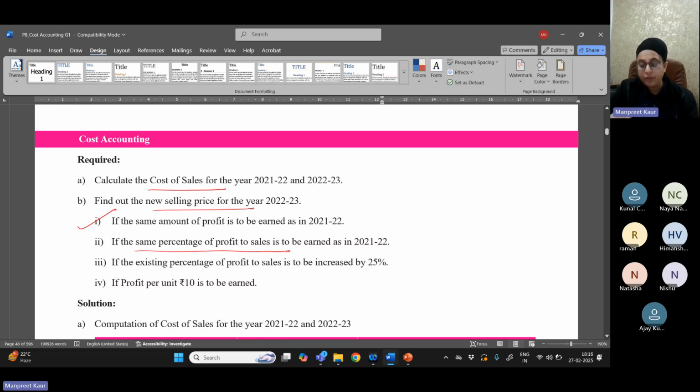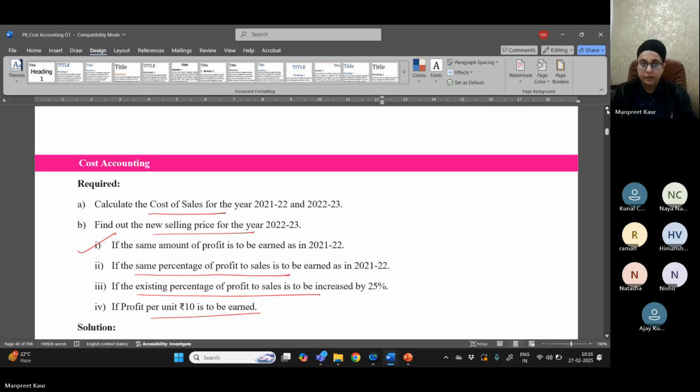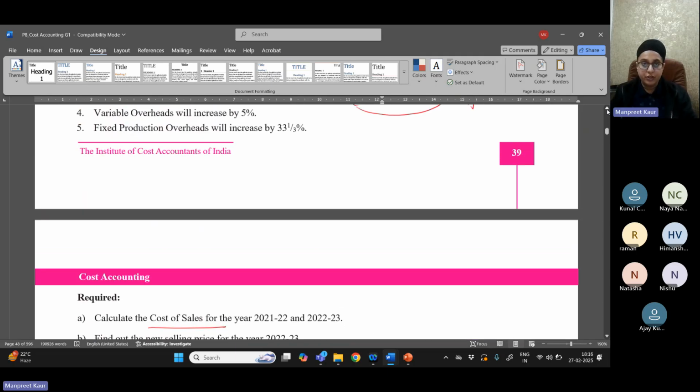Same percentage of profit on sales to be earned, existing percentage of profit to sales, and if profit per unit ₹10 to be earned. Then we have to compute the cost of sales. This is the question.